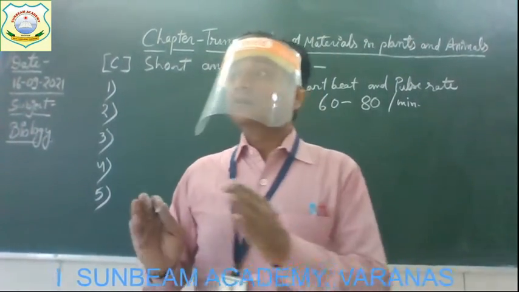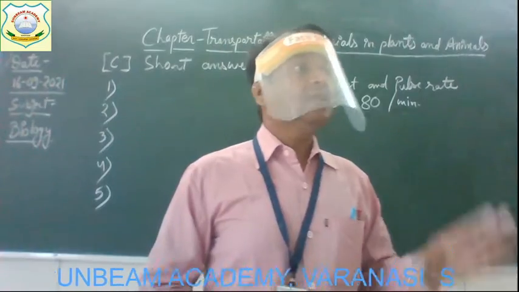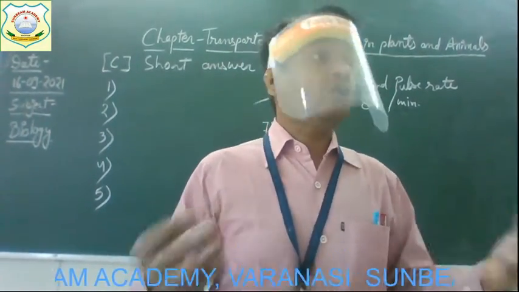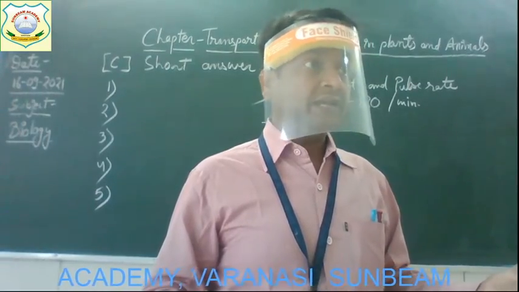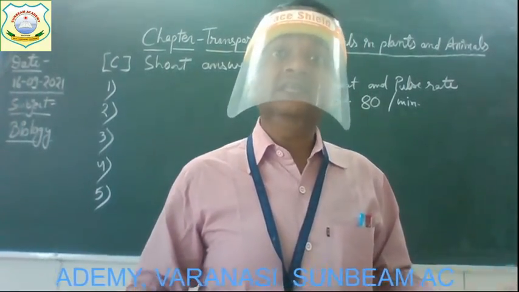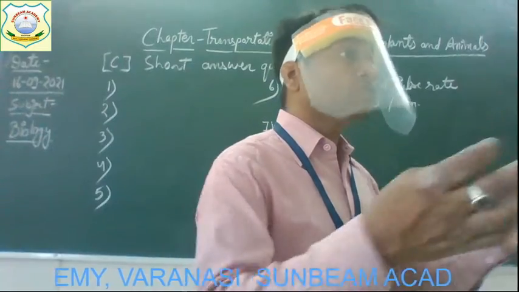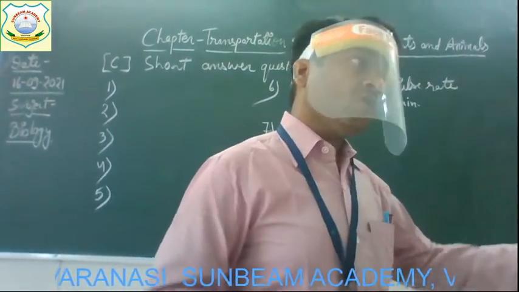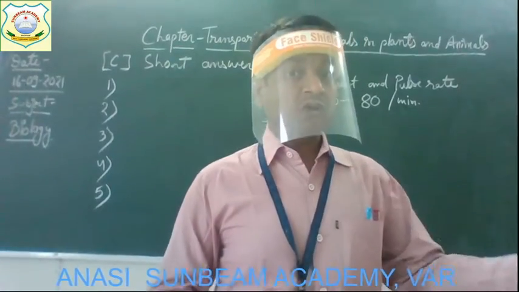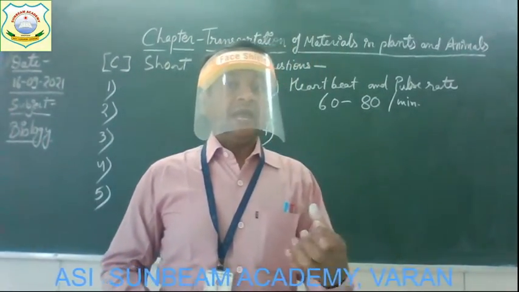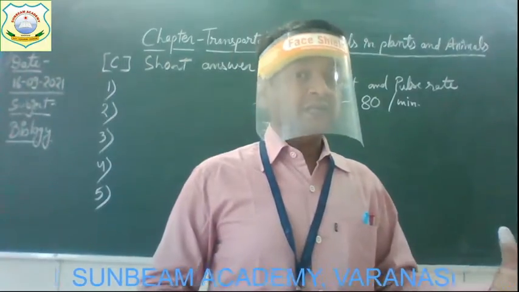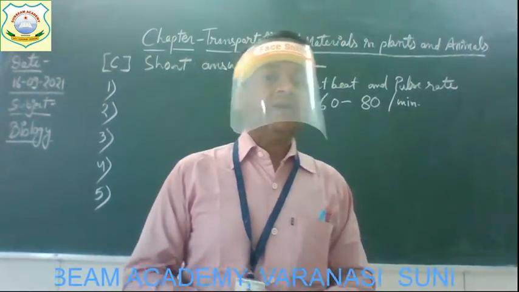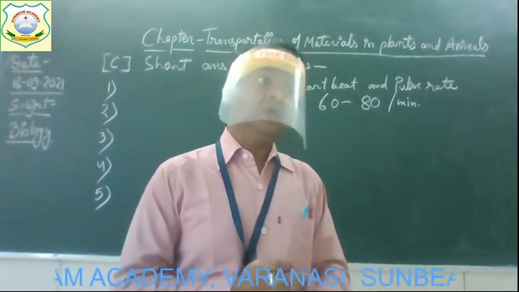So children, very simple. The reason is after running, the body needs more oxygen for extra energy, because in running our energy is lost, more energy is wasted. To produce more energy, more oxygen is required, more oxygen is taken by our body, and to supplement the requirement, the rate of heartbeat increases after running.